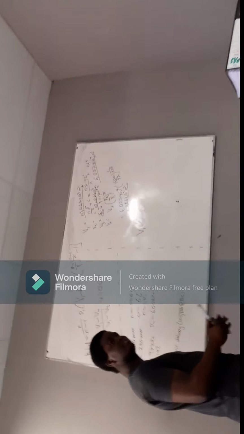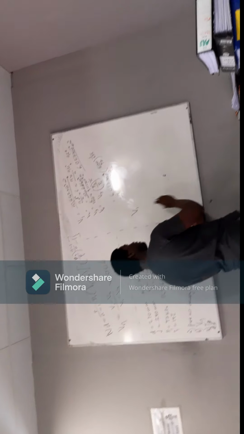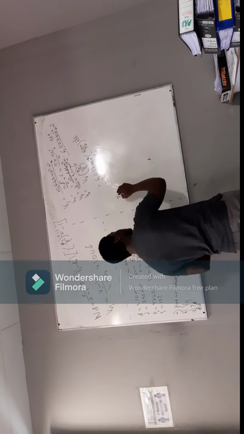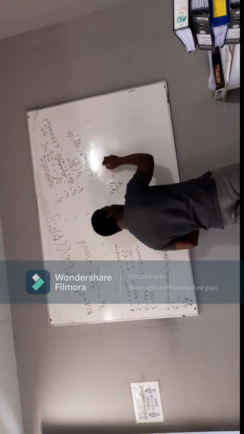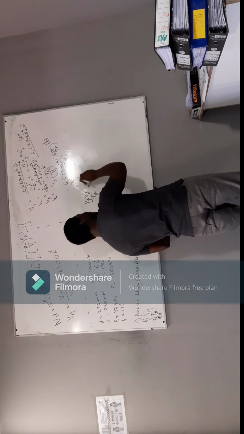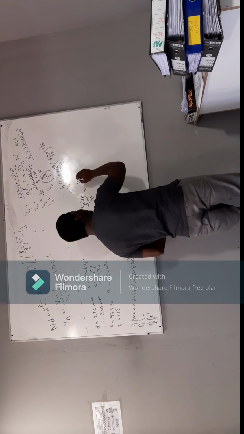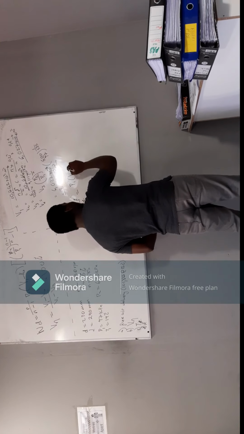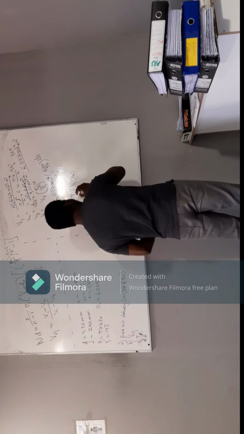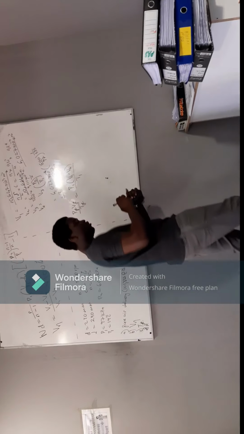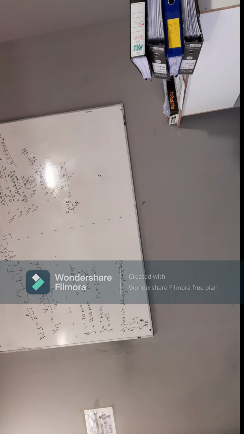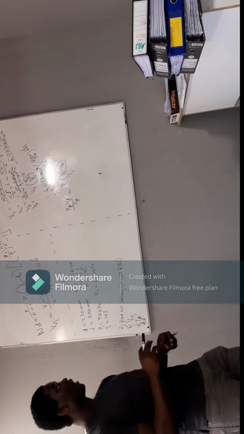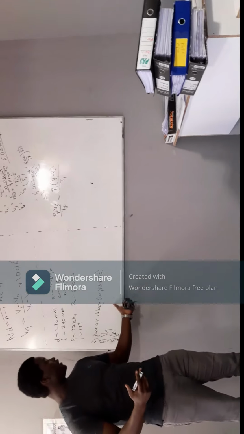VF times PF over TF is equal to P1 times bracket V1 minus V4, all over T1. Awesome. This is the formula that you're going to use all together. Now, you can already see that this is becoming very, very easy.